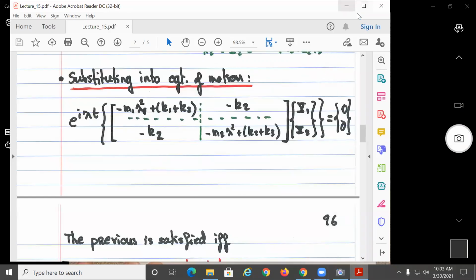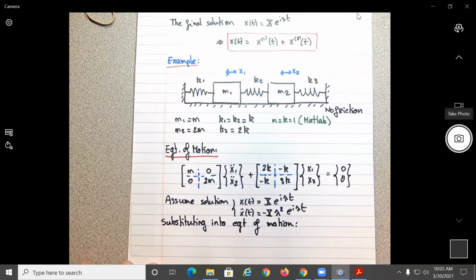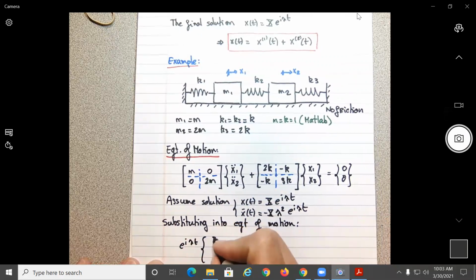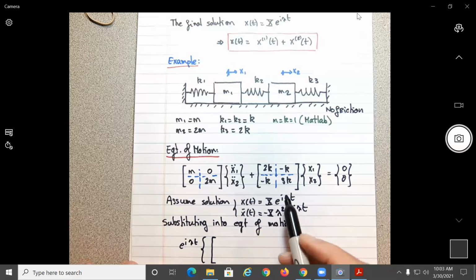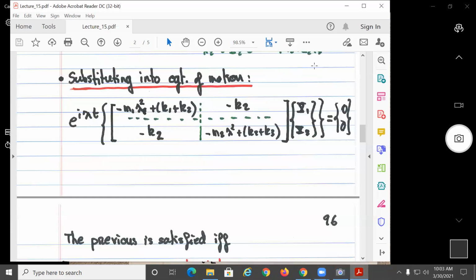Okay? We have here e^(i lambda t). So let's say, so we'll have here the 2K. Let's see if that's the same way I wrote it here. Okay, no, so let's start with this one.